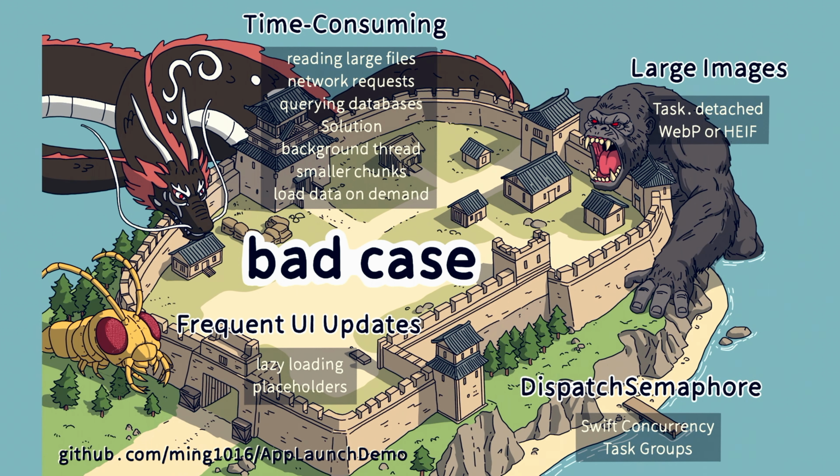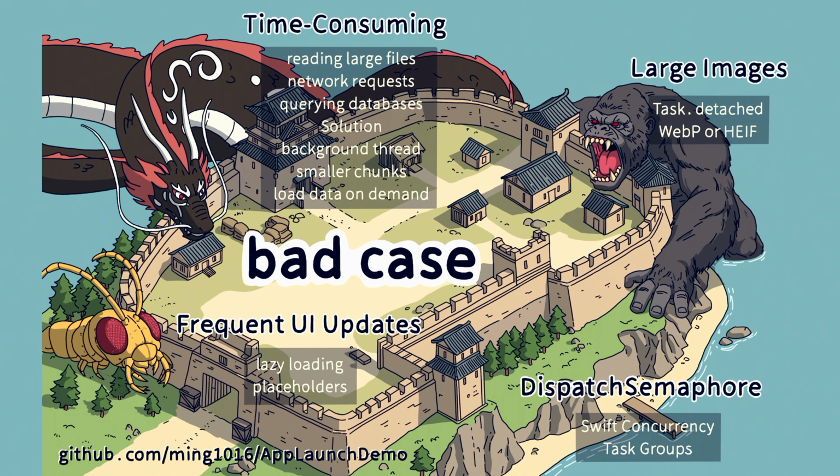The first one is expensive operations, like reading large files, making network requests, and querying the database. The solution here is to move these operations to the background or break them into smaller tasks that run as needed. The second issue is displaying large images.